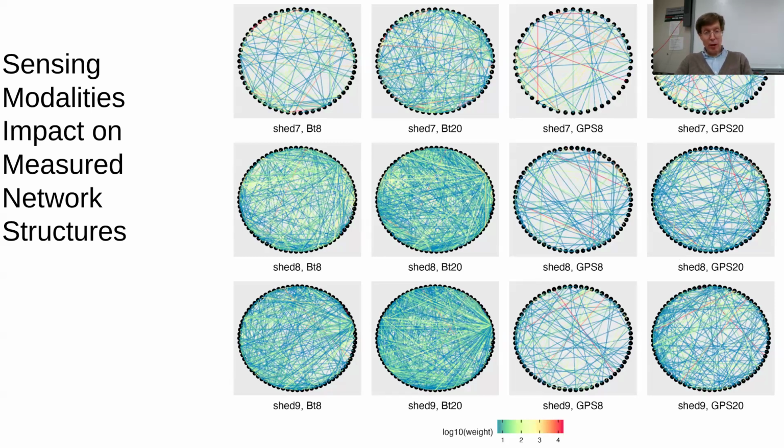Now, if one thinks about that sort of sensing, if you're sensing proximity based on Bluetooth, these are the left two columns, or based on GPS, the right two columns, with each characterizing some sort of threshold. Here we require people to have a particularly strong signal strength. Here we have a less strong threshold for signal strength.